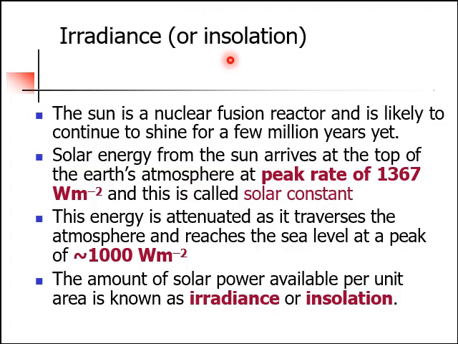Then the energy further travels through the Earth's atmosphere, the air, water particles, moisture, dust. It gets absorbed, reflected, and it has been found that when it reaches sea level, the maximum it can become is 1000 watt per meter square. So there is a 367 watt per meter square drop between this 40 kilometer length from the upper atmosphere down to sea level.